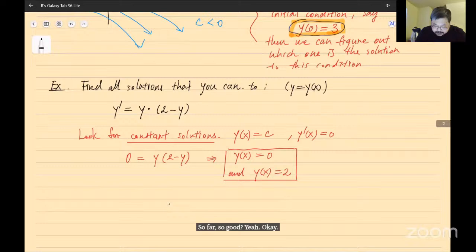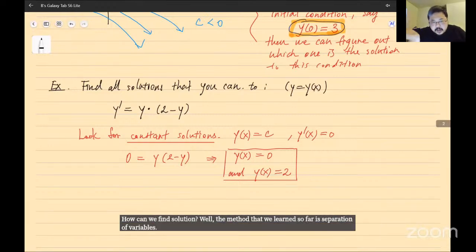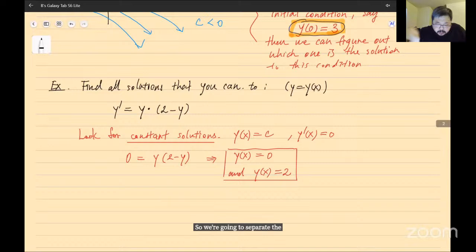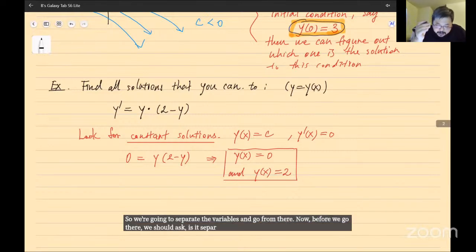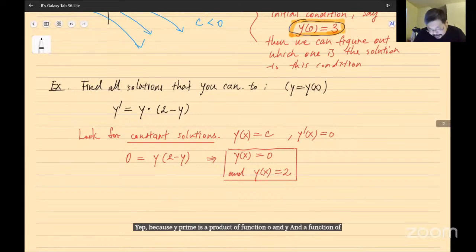Now, let's continue. You look at this and say, how can we find solutions? Well, the method that we learned so far is separation of variables. So we're going to separate the variables and go from there. Before we go there, we should ask, is it separable? Yep, because y prime is a product of a function of y and a function of x, but that is just 1.